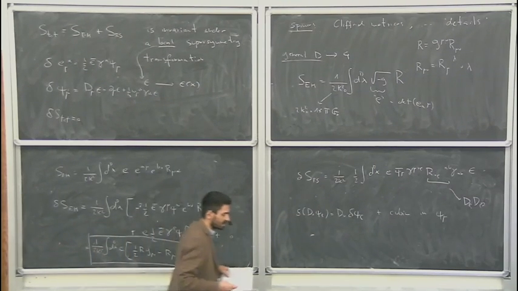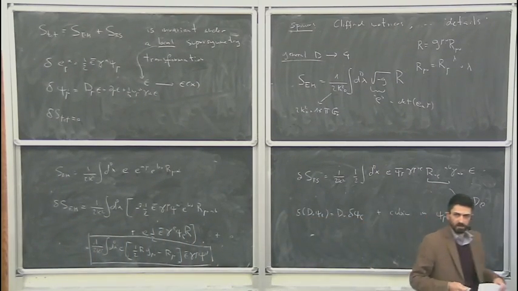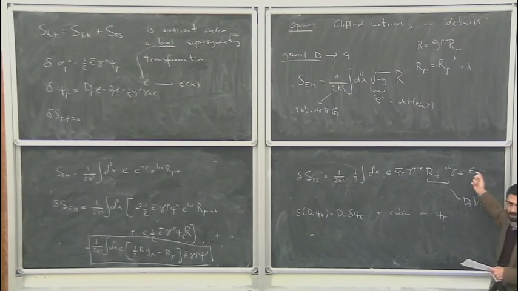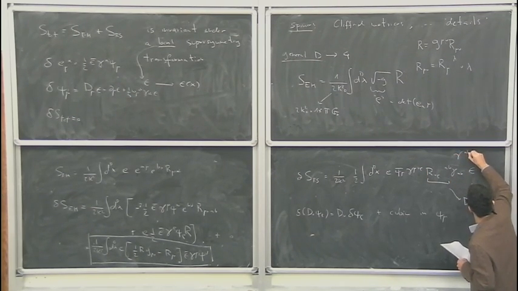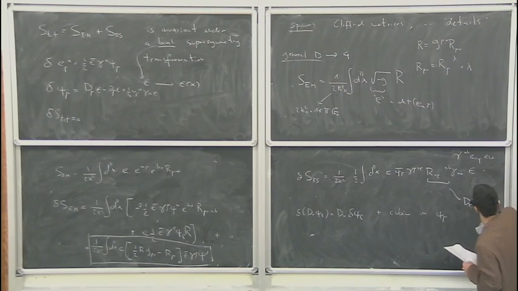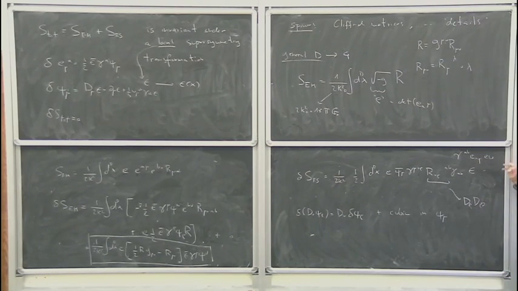Just put whatever your preferred indices are and multiply them by the vielbein or the inverse vielbein. Right? So if you want these to be all curved indices, you write this simply as gamma AB e^A_mu e^B_nu.